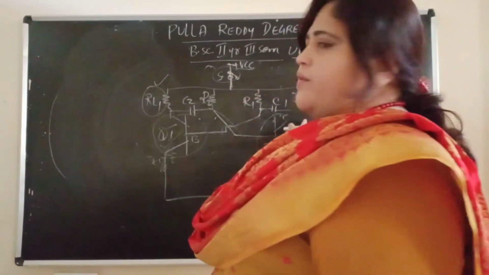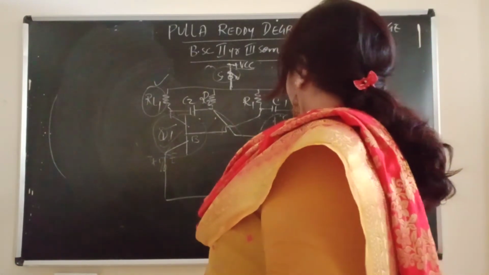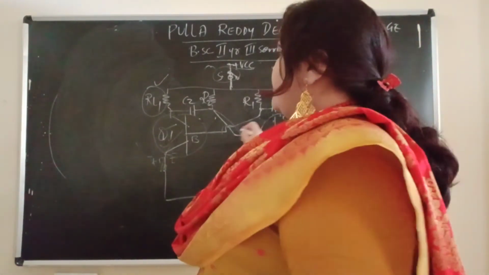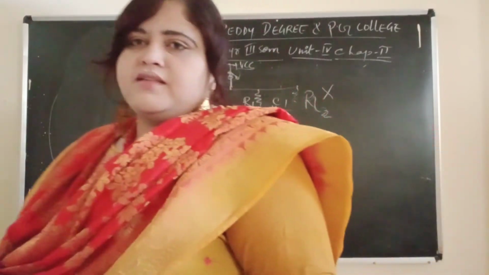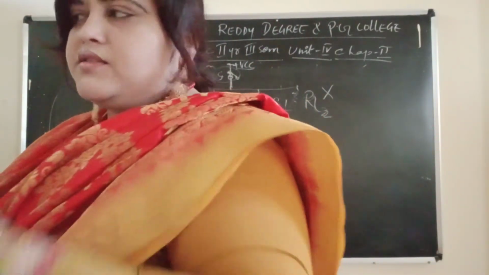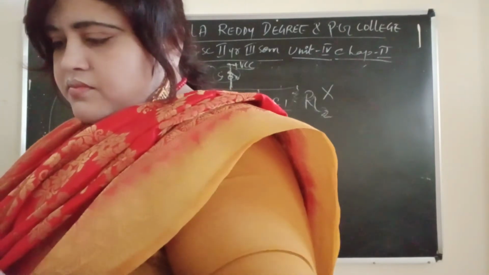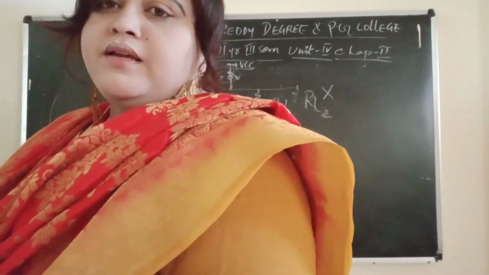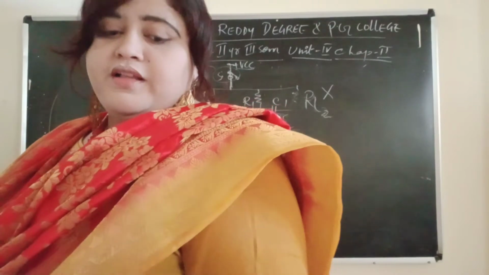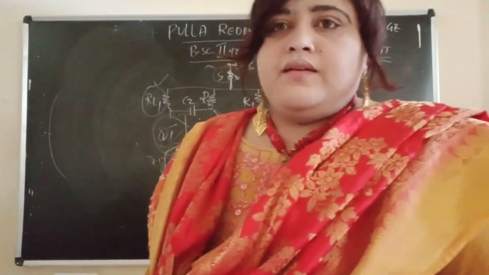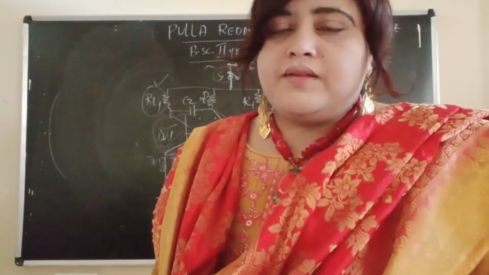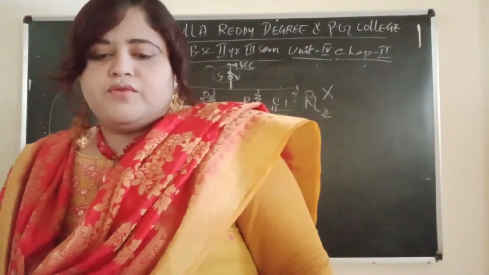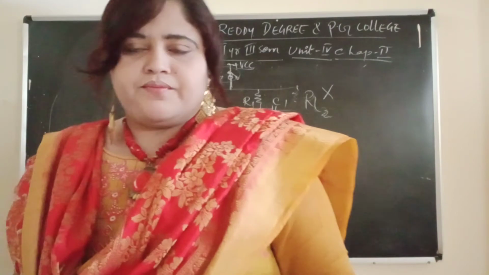No voltage will drop across RL2 because it is in cutoff, so there is no load resistance output. Voltage will drop only across Q1.